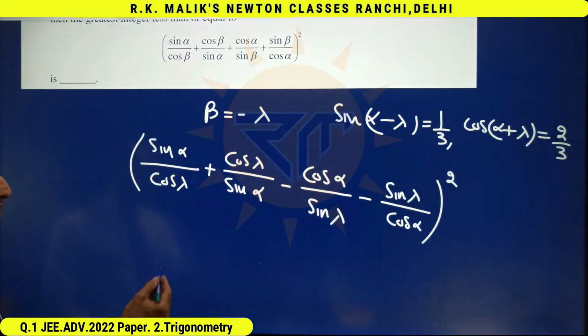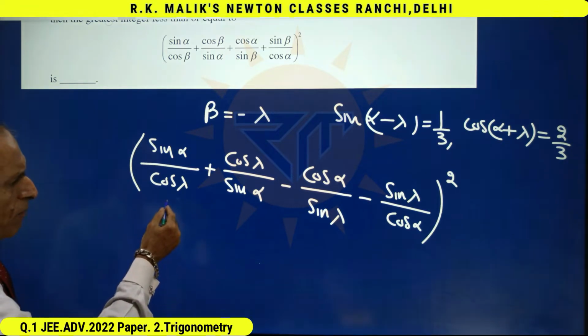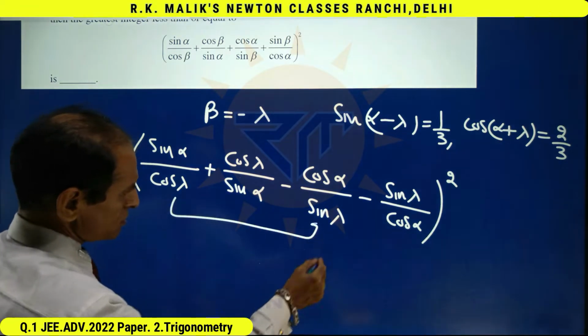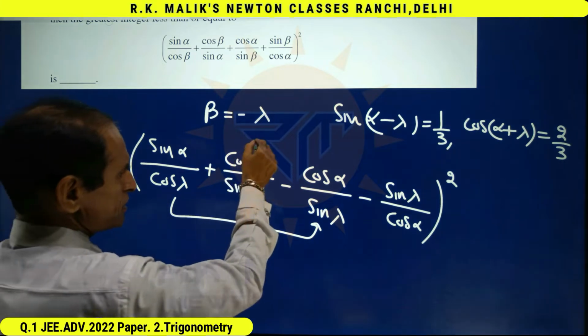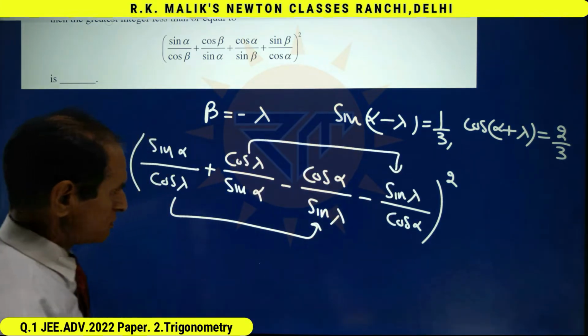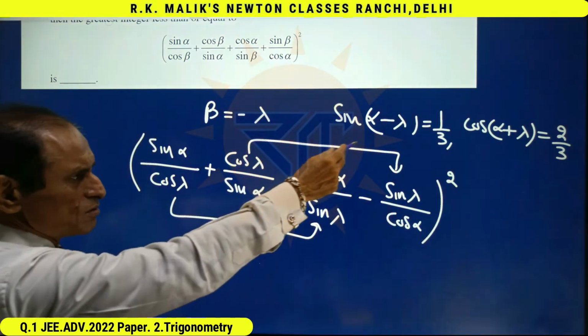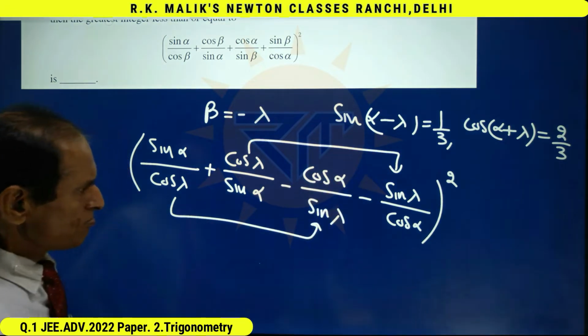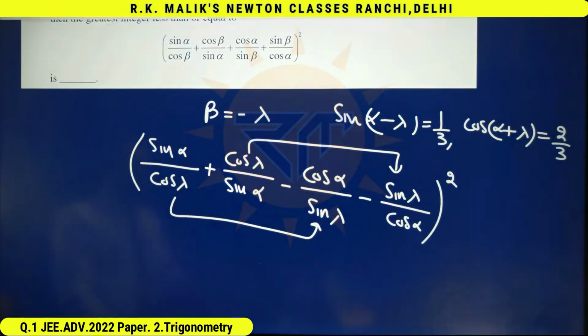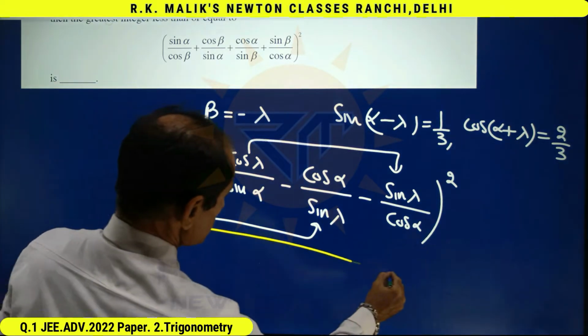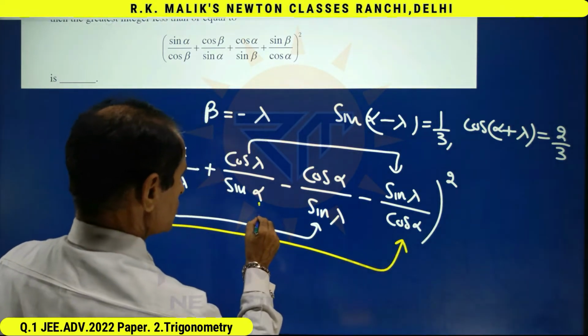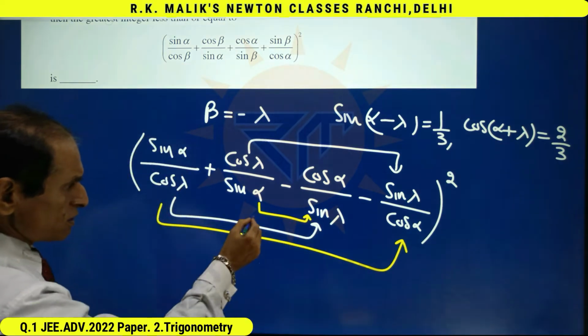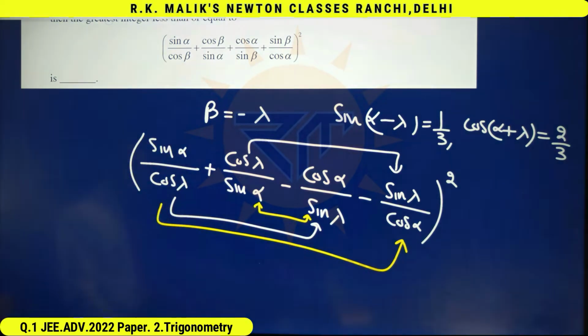It is obvious that we'll combine this with this and this with this, because this is given to us. Agreed, this will also be correct if I combine this with this and this with this. And for clarity purpose, I will do this question by both the ways.